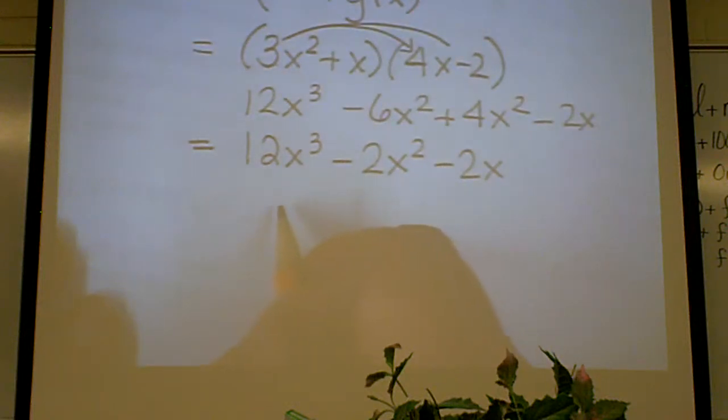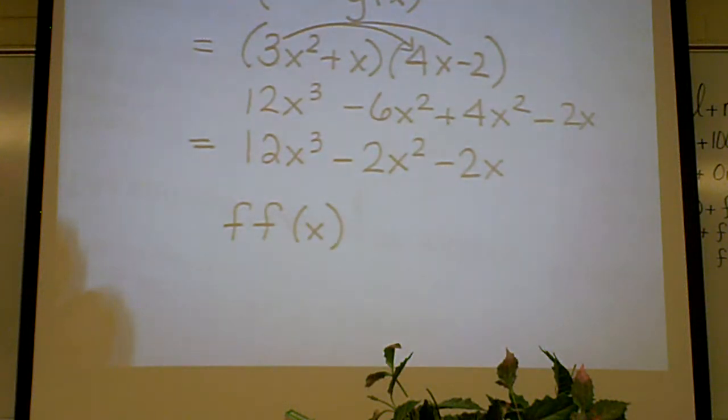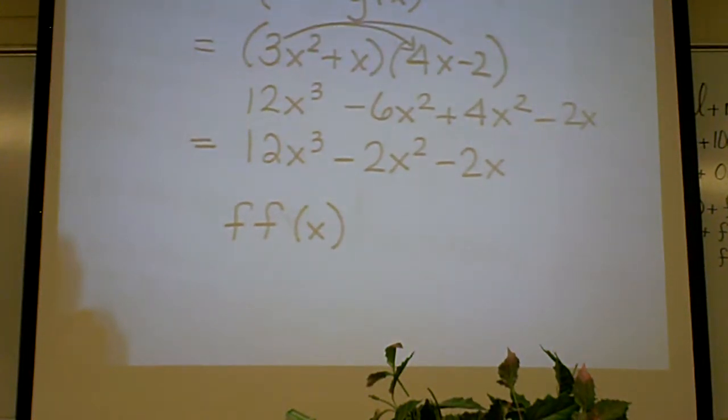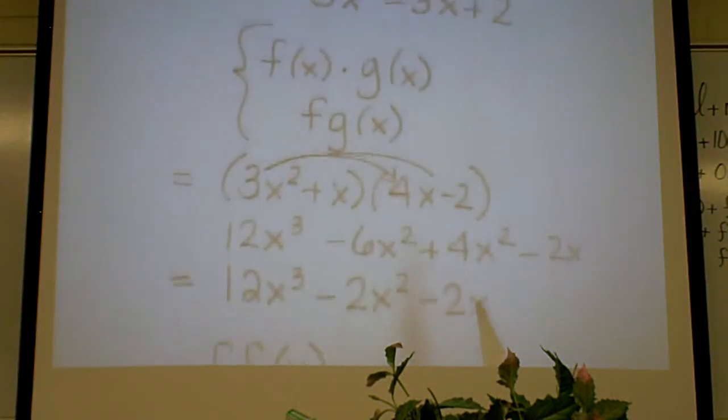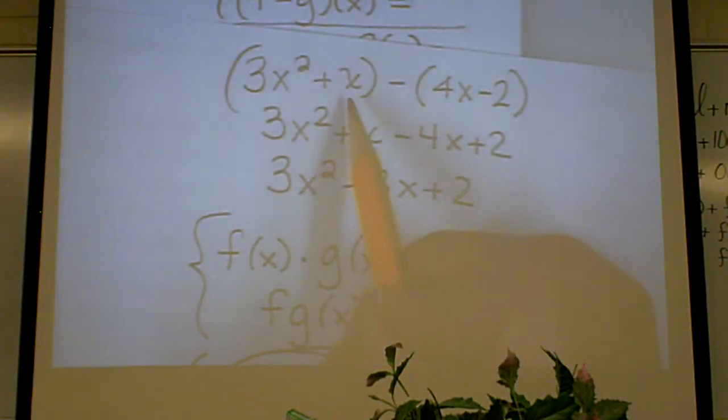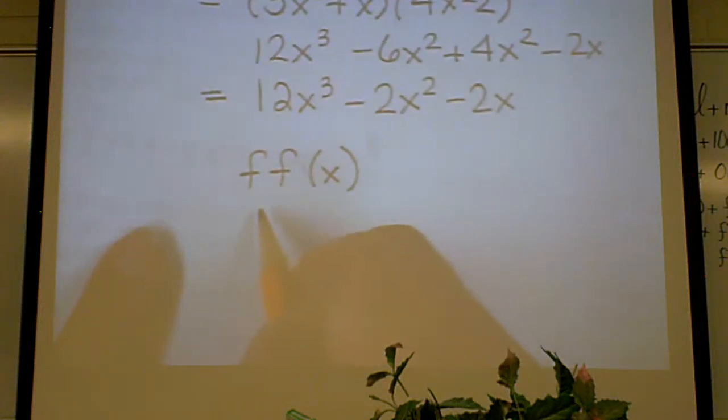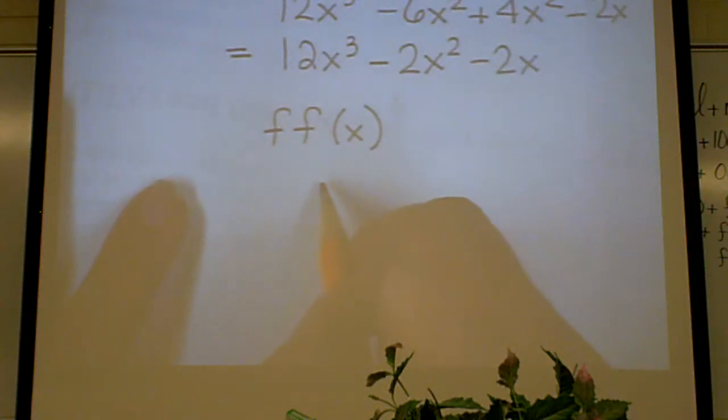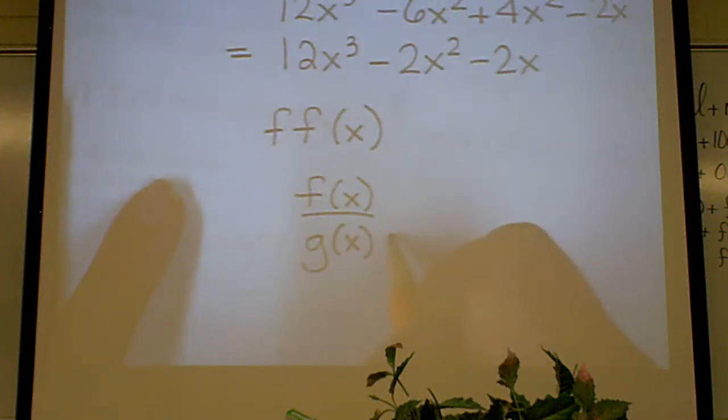What if I gave you this problem, would you understand? What does that mean, f f of x? It means take the f function, which is this one, and multiply it by itself. Okay? What if it said f of x over g of x? Can you rename this? Yep, you could do f over g of x.